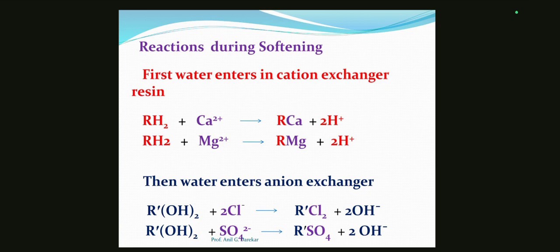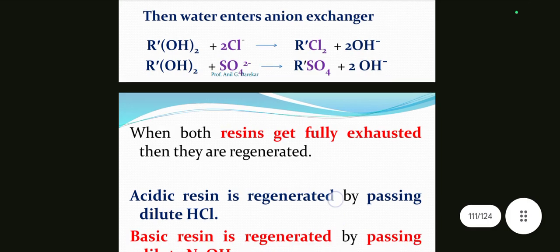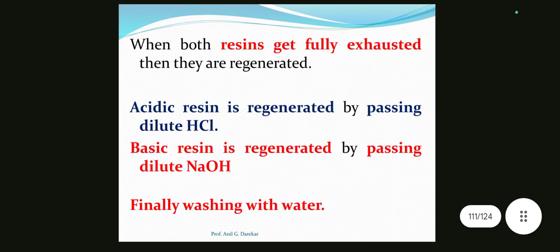So what will happen if we carry out this process for a long period of time? Then both the cation and anion exchanger resins get fully exhausted. Fully exhausted means what? Here no H+ is available for exchange, and for the anion exchanger resin no OH- is available for exchange.